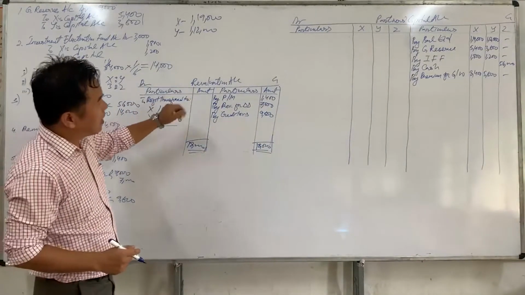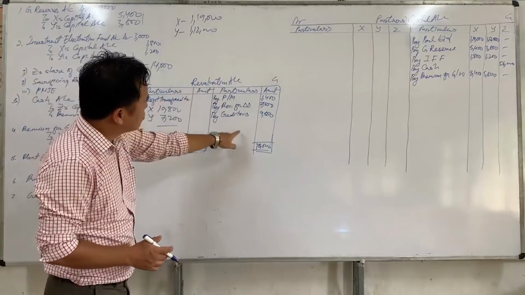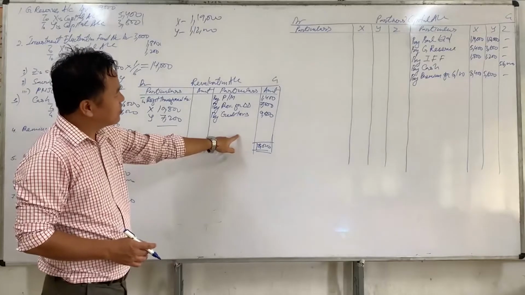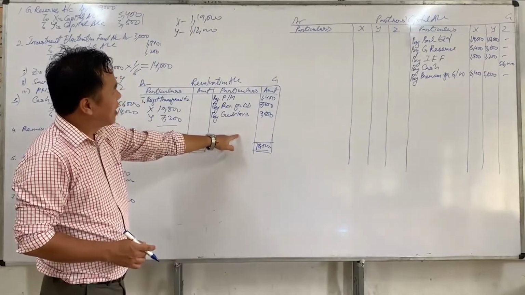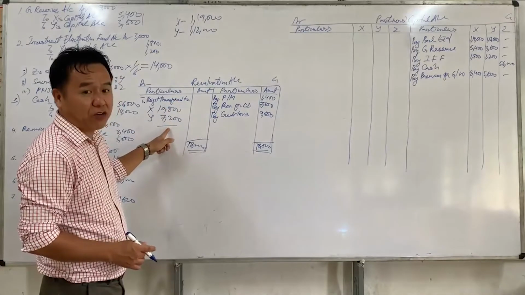I forgot one thing. Since the revaluation account shows credit balance, it indicates profit, and that profit should be transferred to the capital accounts of all partners.